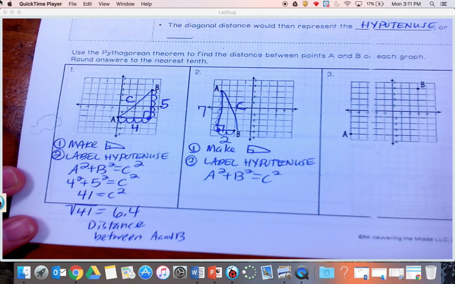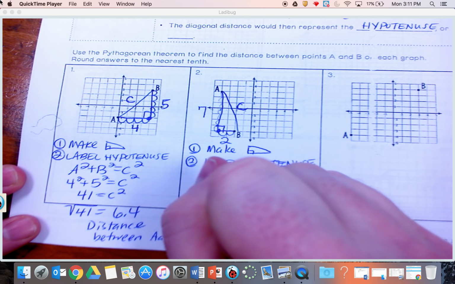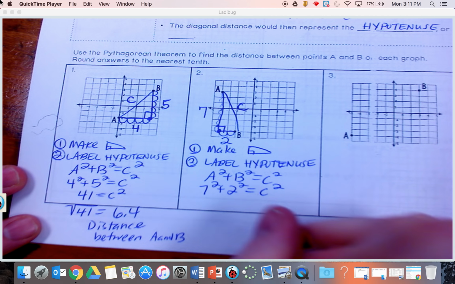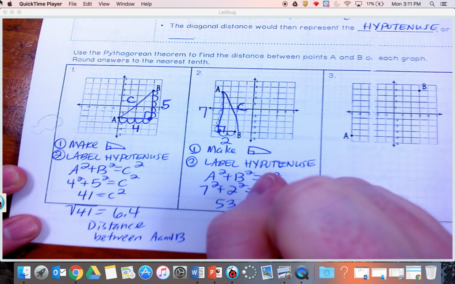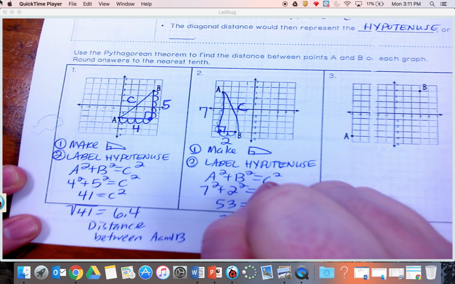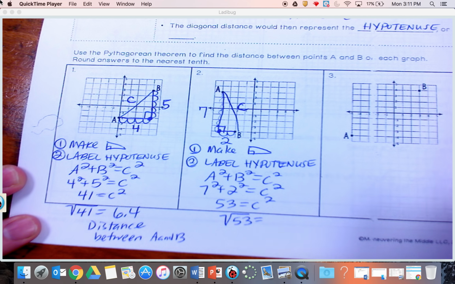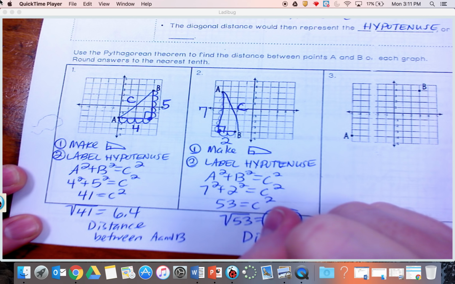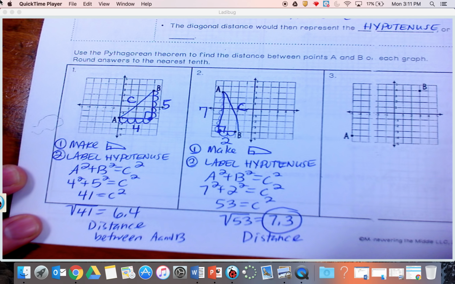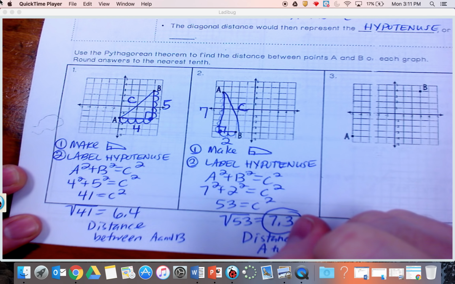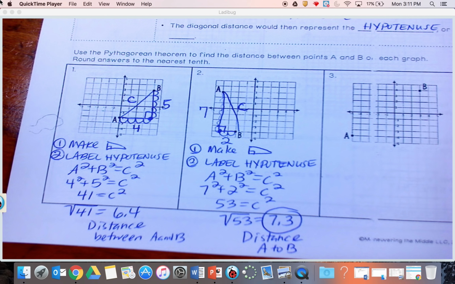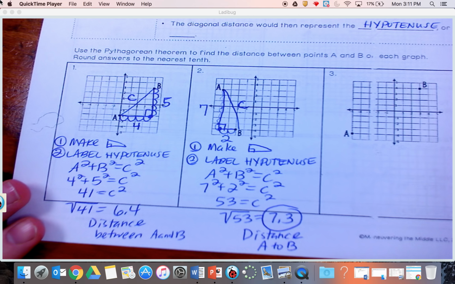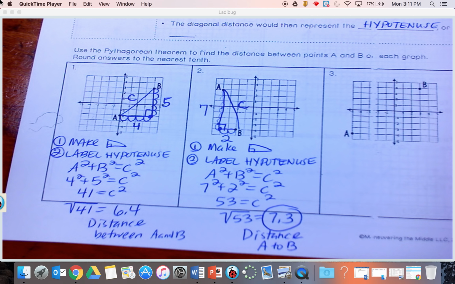So I have a 7 by 2 triangle. Put it in there. 7 squared plus 2 squared equals C squared. I'm going to end up getting 53 equals C squared. I'm going to take the square root of that, and it turns out to be 7.3. And that is the distance of A to B, 7.3. So this distance right here from A to B is 7.3 using my Pythagorean theorem.